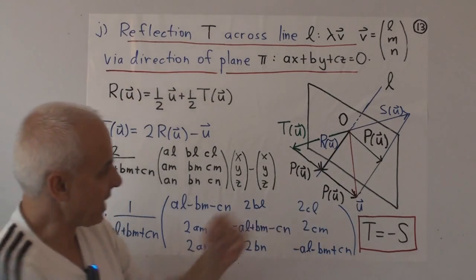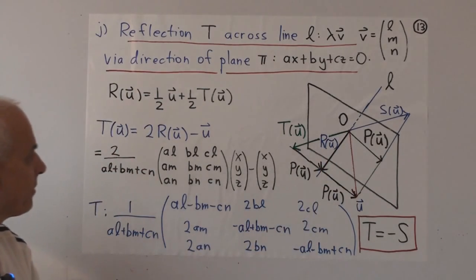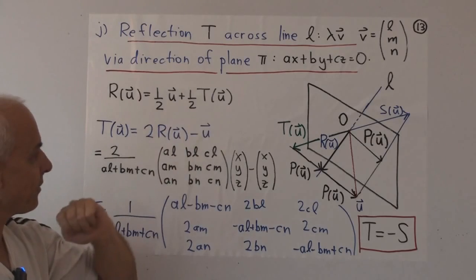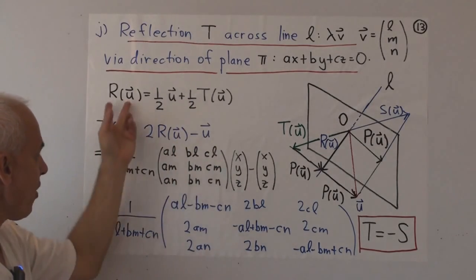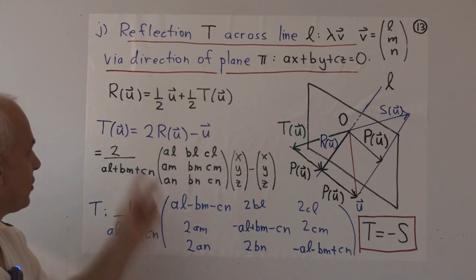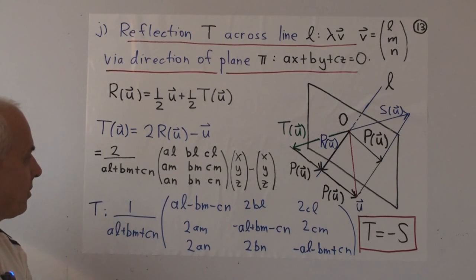It's expressing the fact that this is the midpoint of these two. But this is an algebraic relation that we can solve for T of u, which is what we're interested in. We know R of u already. So T of u is going to be 2 times R of u minus u.